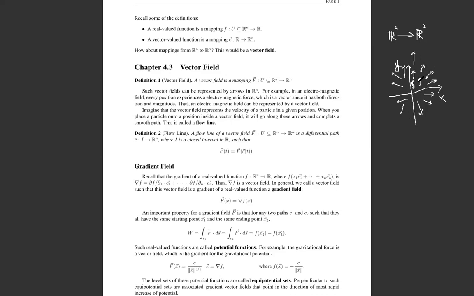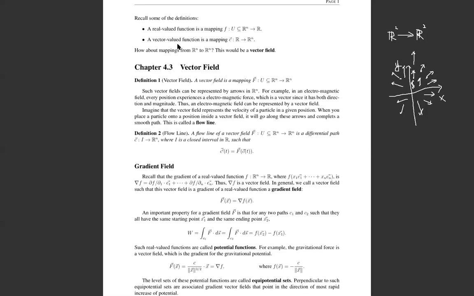So the particles will go along what the arrows guide them through. Basically, you integrate along these arrows, and the result would be a smooth line.